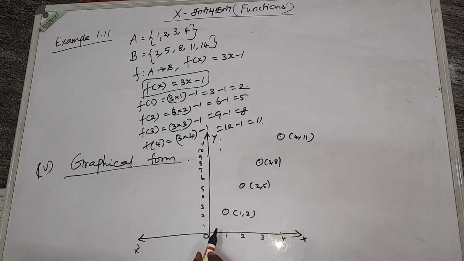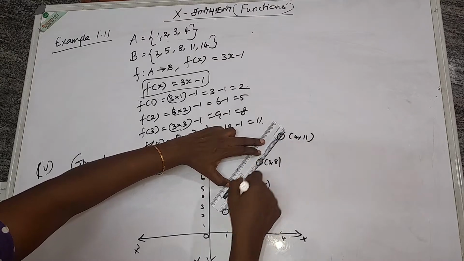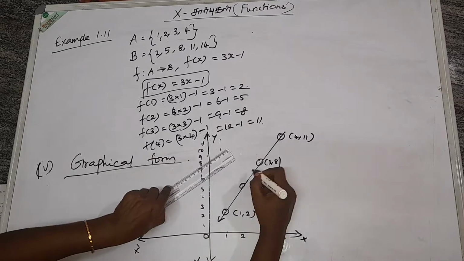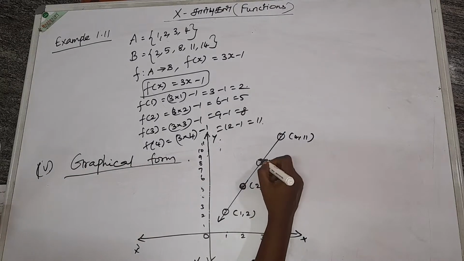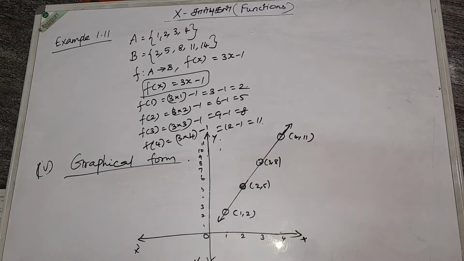So like this you have to plot the points, and then you have to draw using scale, you have to join all the points. Okay, this is the graphical representation of the function.